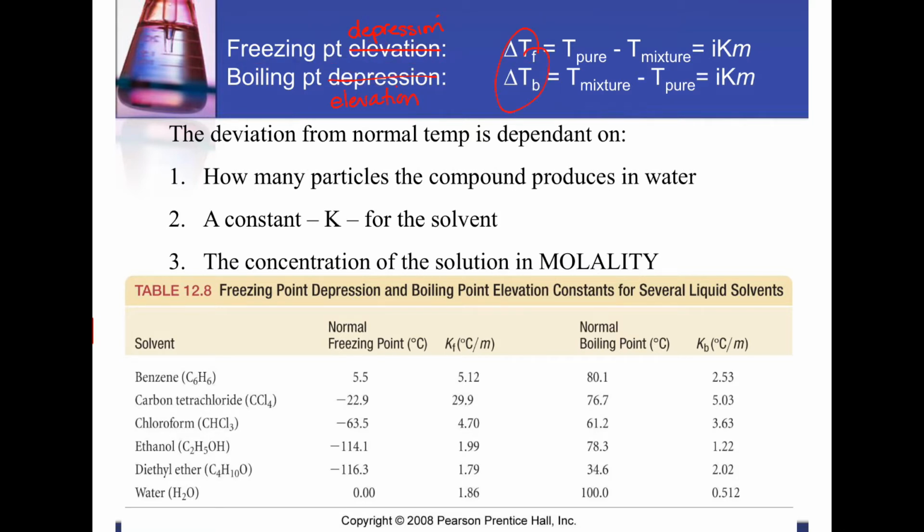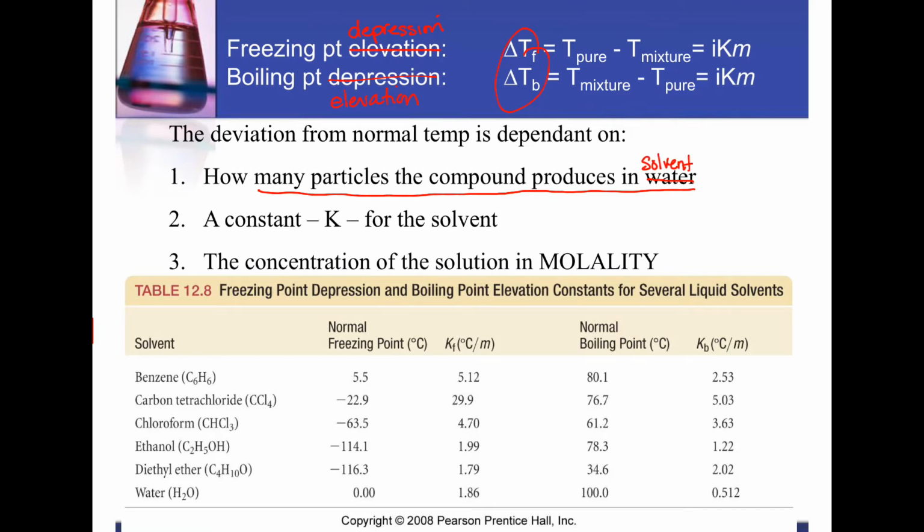And we know that those deviations are dependent on these three factors. And I'm going to put the variable next to each one of these. The number of particles that the compound produces in the solvent. And remember, I'm putting water here because water is our typical solvent, but it doesn't have to be. So I'll just put solvent here.